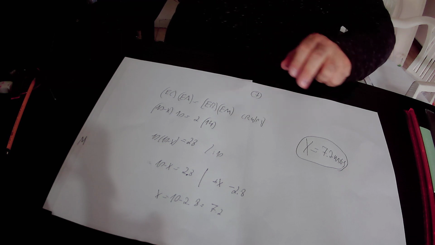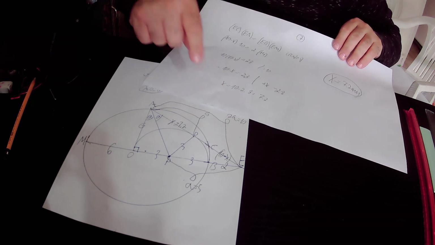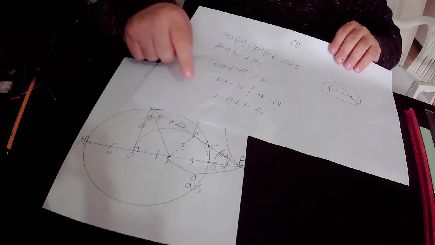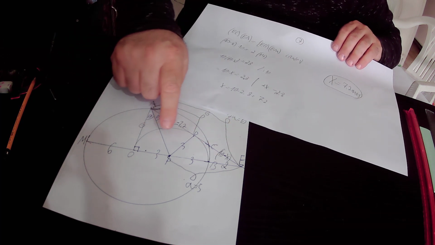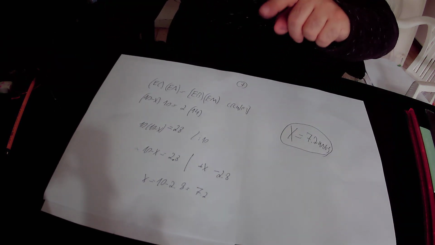According to rule number 3, EC equals 10 minus X, EA equals 10 units, EB equals 2 units, and EM equals 6 plus 3 plus 3, that is 12, plus 2 is 14. So in conclusion, EM equals 14 units.